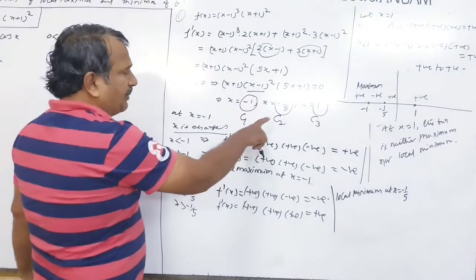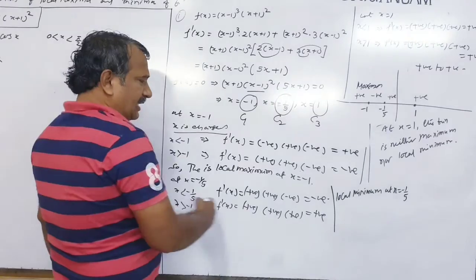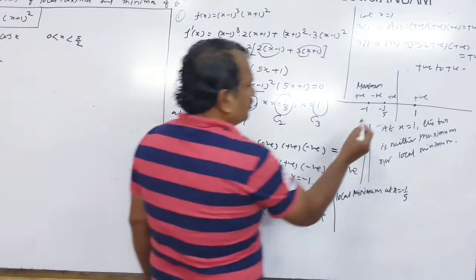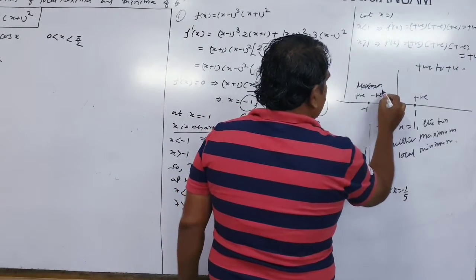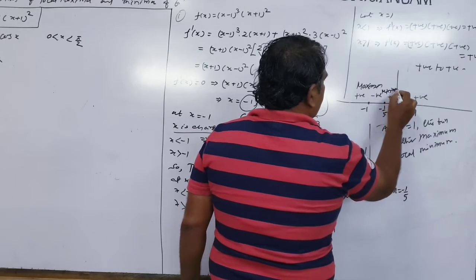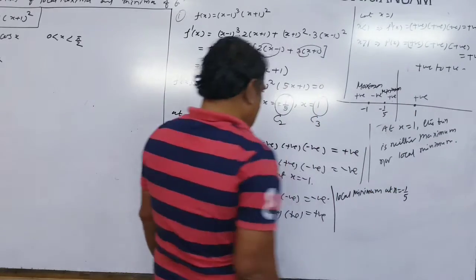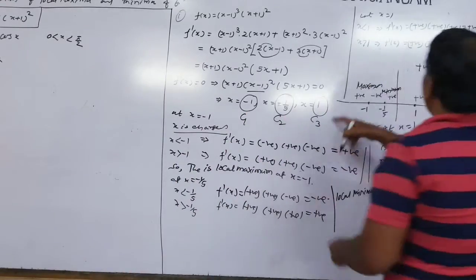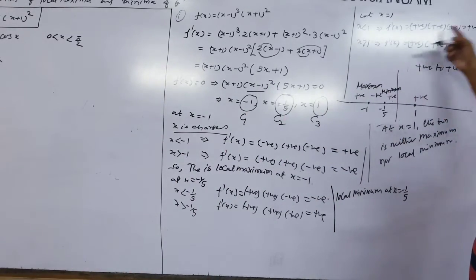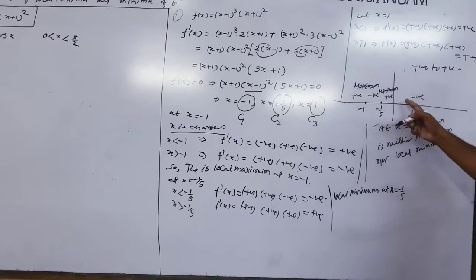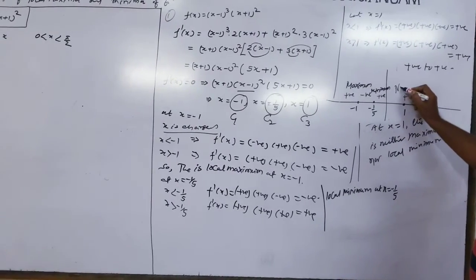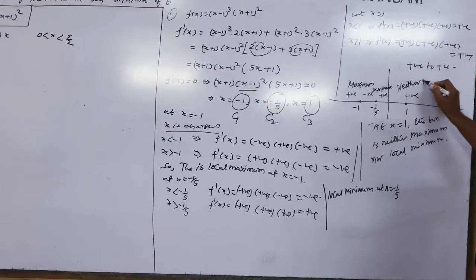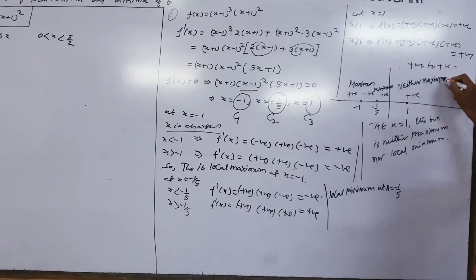Similarly, another critical point is -1.5: less than it is negative, greater than it is positive, so here is minimum. Now the third point is at x equal to 1: less than 1 is positive, greater than 1 is positive, positive to positive, so neither maximum nor minimum.